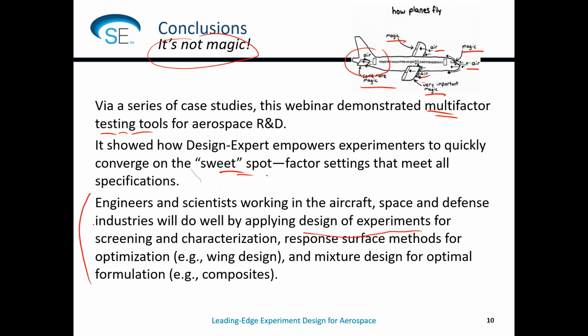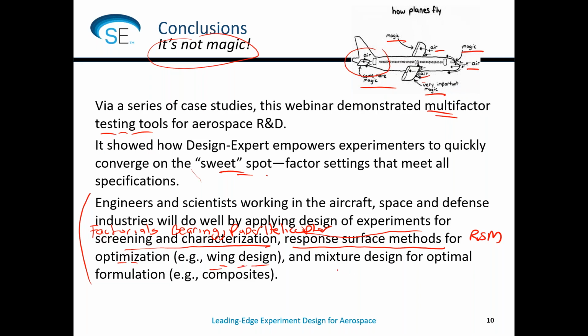And you can use factorials to screen and characterize, and you can also deal with harder to change factors by using split plots. And then response surface methods, or RSM, for the optimization, and I showed you an example of that with the wing design. For the factorials, we had the bearing case, and then the paper helicopter, which was a split plot.